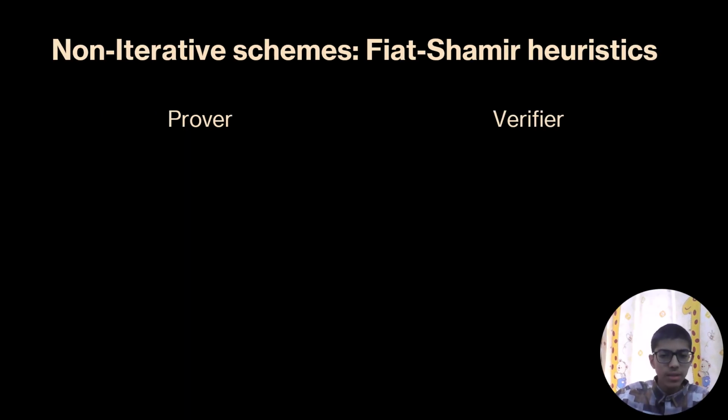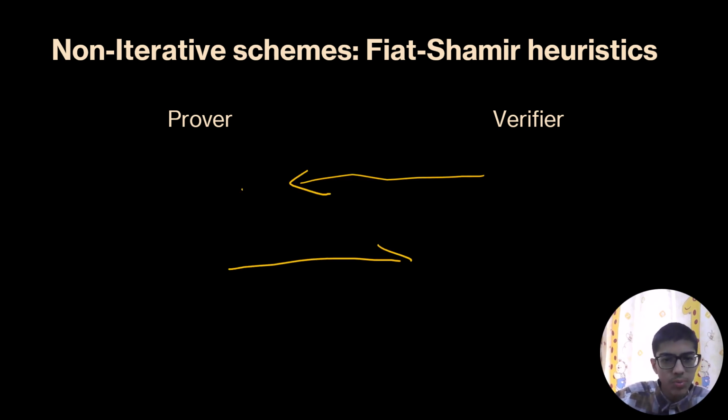Now we have the Fiat-Shamir heuristics. This is different from the Fiat-Shamir that we previously saw. This is a heuristic, not a proof-based one, but just a general idea. As usual, we have the verifier sending challenges to the prover, and the prover giving the answers back.